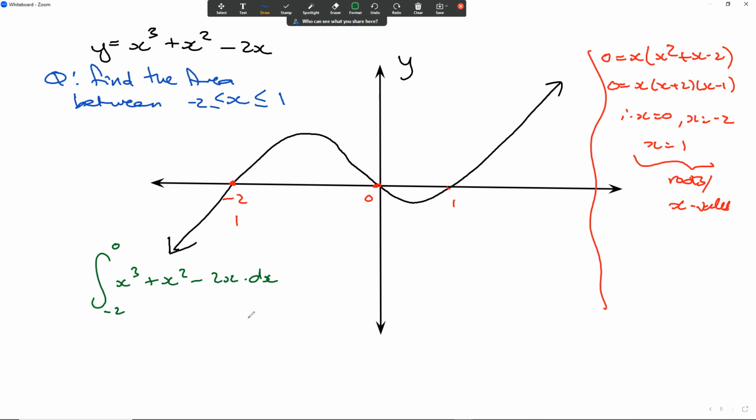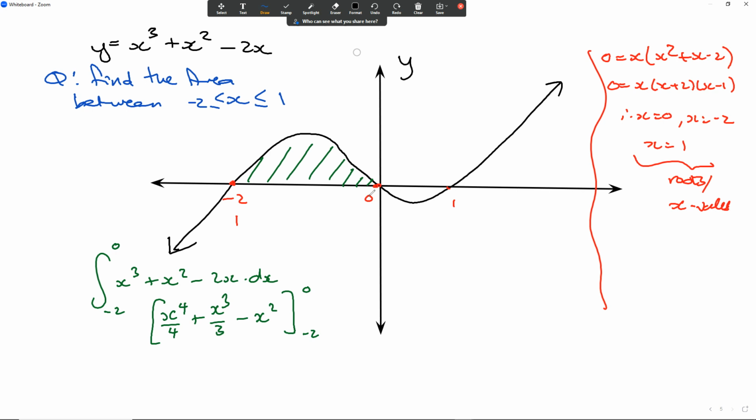Okay. And when I integrate this, I have to increase the power, right? So this is going to become x to the power of 4 over 4 plus x to the power of 3 over 3 minus 2x squared over 2, which will just become x squared. And I put a bracket around it, from negative 2 until 0. And I want to find this area underneath the curve.